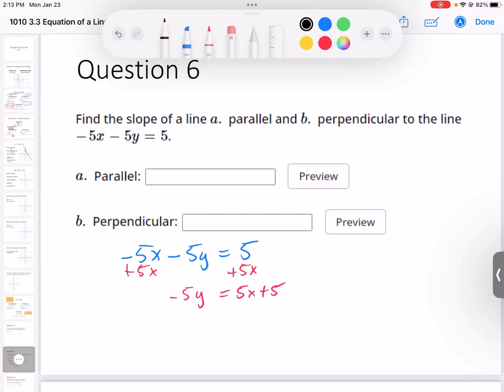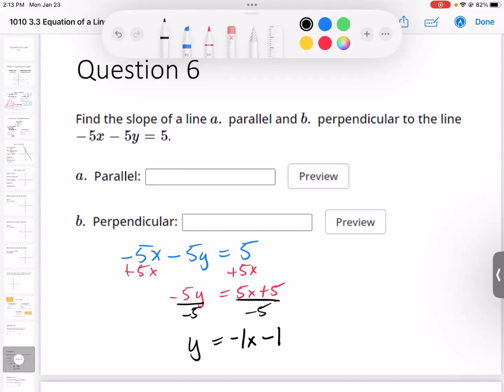But y still isn't by itself, so I need to divide by the -5. And that gives me y equals, and when I divide 5x by -5, I get -1x. And when I do 5 divided by -5, I get -1. And so this equation would graph the same line as this one, but it's in a form where it's easy for me to find the slope of it.